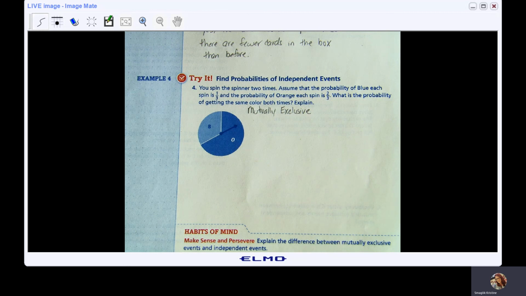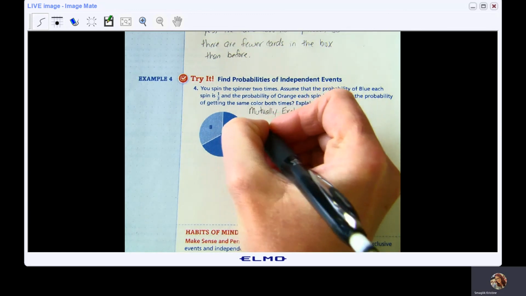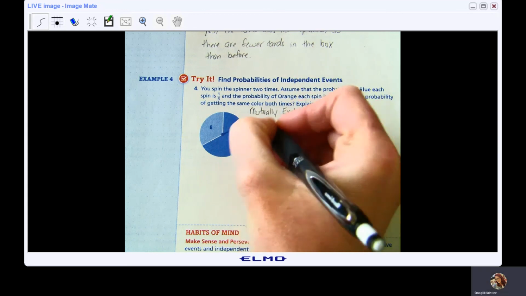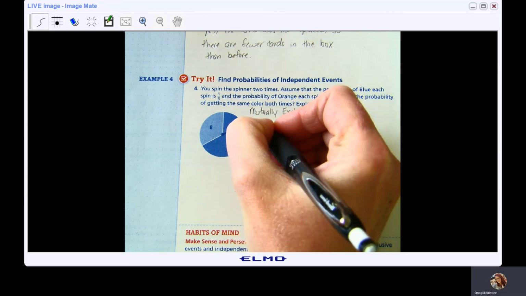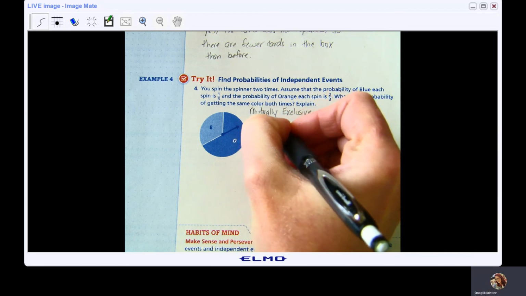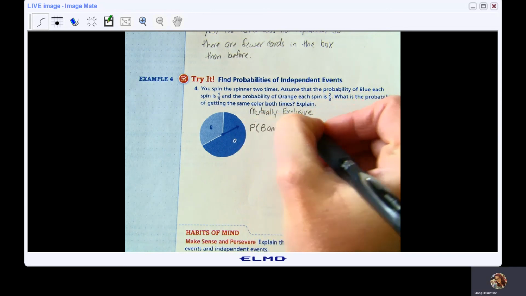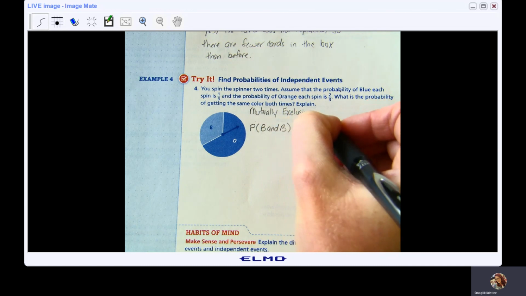So that means if I want the probability of spinning blue twice, the probability of blue and blue, because those are independent, I'm going to multiply the probabilities together.